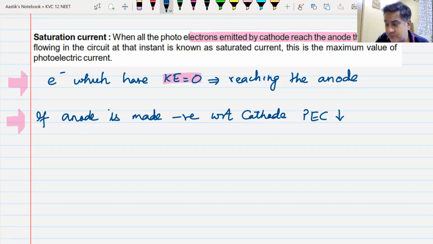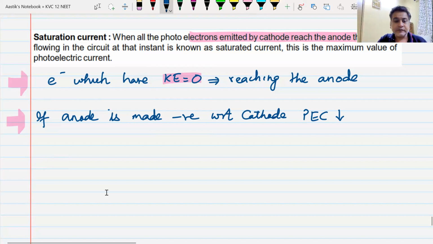When I was increasing the voltage, making it more and more positive, photoelectric current was increasing. If I decrease the value of this potential, make it negative, the photoelectric current is going to decrease. We understand this? It will keep on decreasing, and at some point that photoelectric current is going to become zero. Do we understand this?